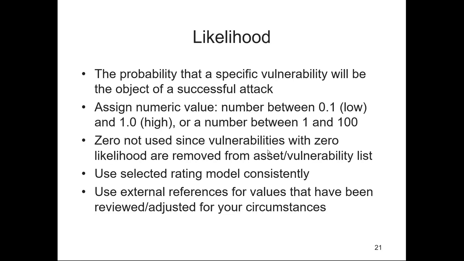The risk rating or score will be associated with numerical probability values between 0.1, which is considered low, and 1, which is considered high. Zero value vulnerabilities will be removed from the list. If it has zero, then there are no threats, there are no vulnerabilities, so why bother?